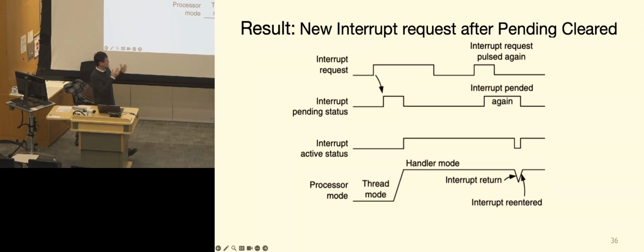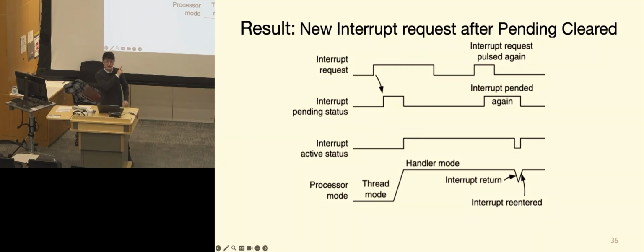After the processor finishes the handler mode, it looks again: oh, there's something pending, and it goes right back, as well as causing the active state to go right back. So this looks similar to what we had in the first lecture worksheet, but the cause of the pending state was different.